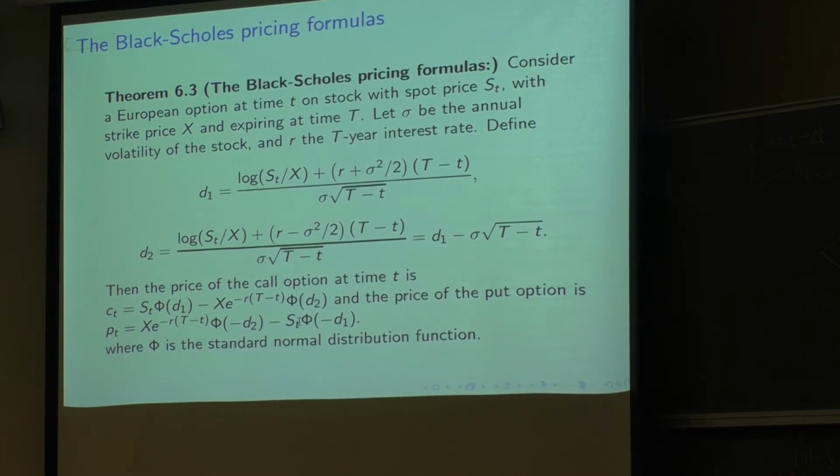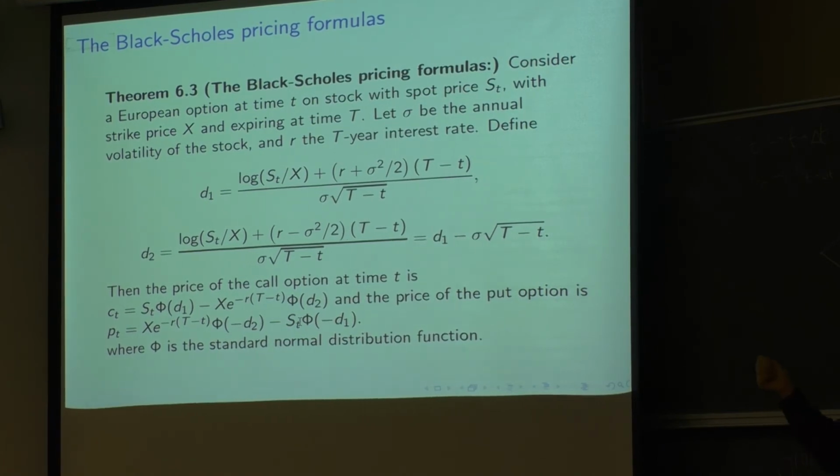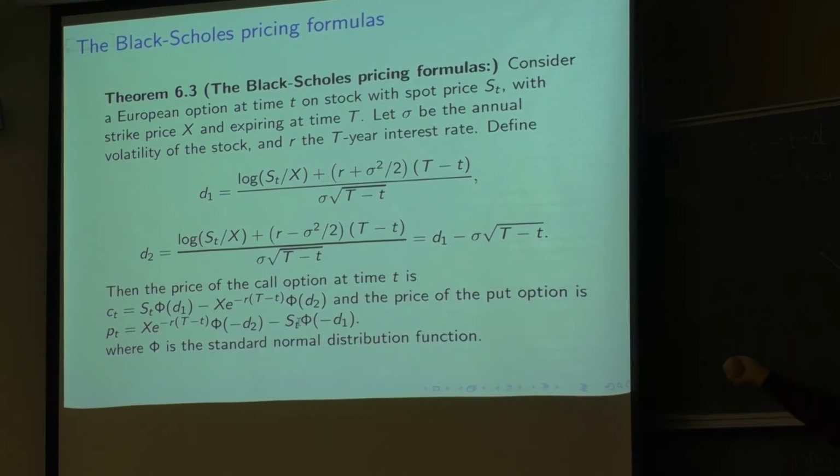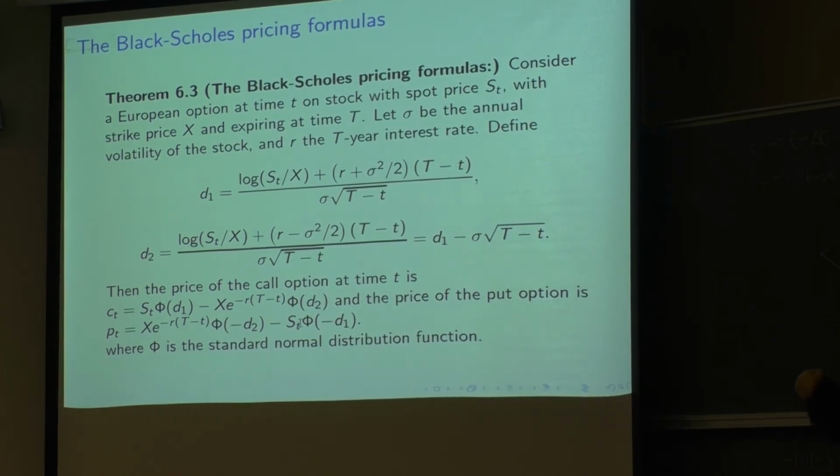So this function that I'm producing out of the blue must be the same as the price of these call options. Why is that? Because the prices of call options and this function I'm giving you are both solutions of the Black-Scholes partial differential equation, and they satisfy the same boundary conditions.